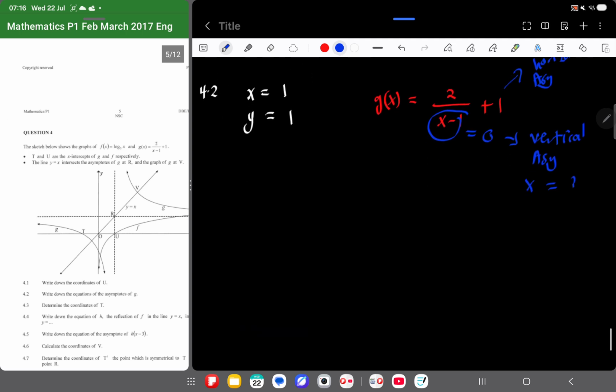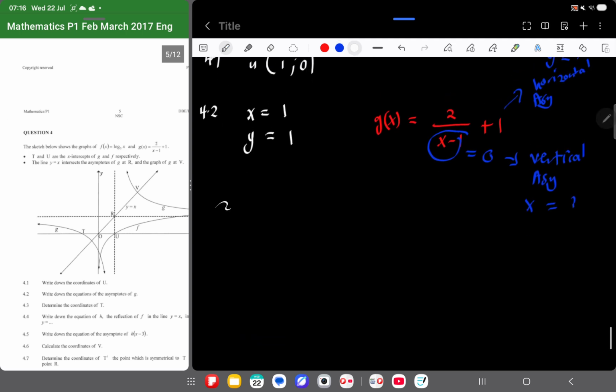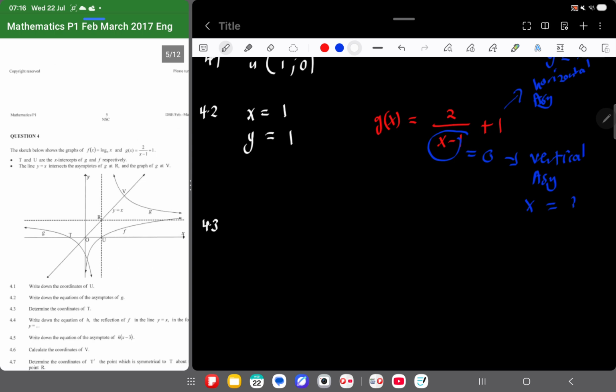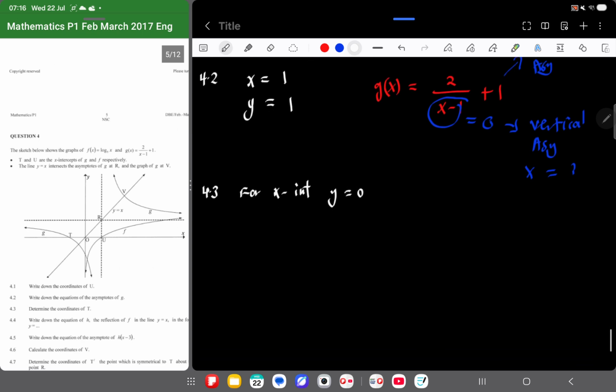Okay, let's move on to 4.3. Determine the coordinates of T. T is an x-intercept of g, as we were told there. For x-intercepts, you set y = 0, or g(x) = 0 in this case. So let's go ahead and do that. 0 = 2 over (x minus 1) plus 1. Transpose positive 1 becomes negative 1 = 2 over (x minus 1).